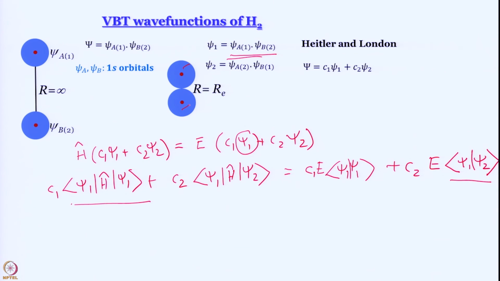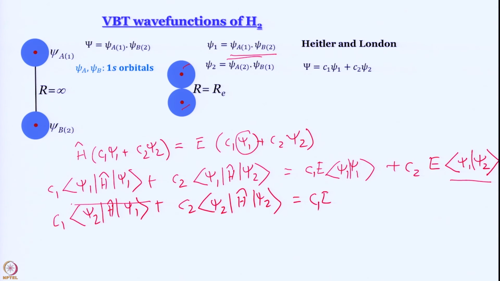So, this is what you get, and similarly if you left multiply by psi 2, what do you get? You get something like C1 integral psi 2 h psi 1 plus C2 integral psi 2 h psi 2 equal to C1 E integral, I just write psi 1 psi 2 because the order does not matter, plus C2 E integral psi 2 psi 2.